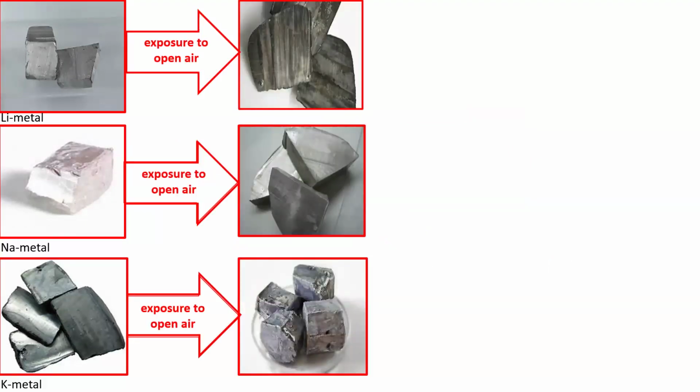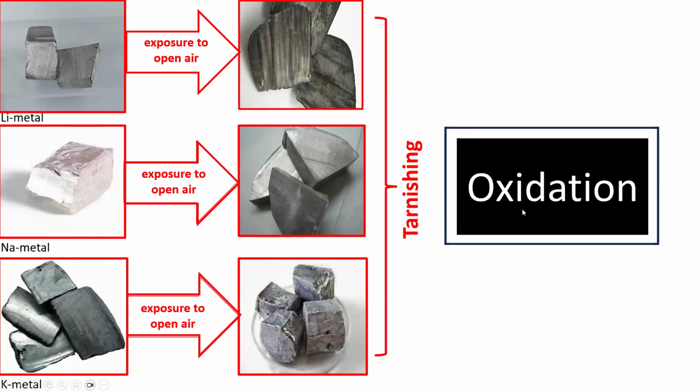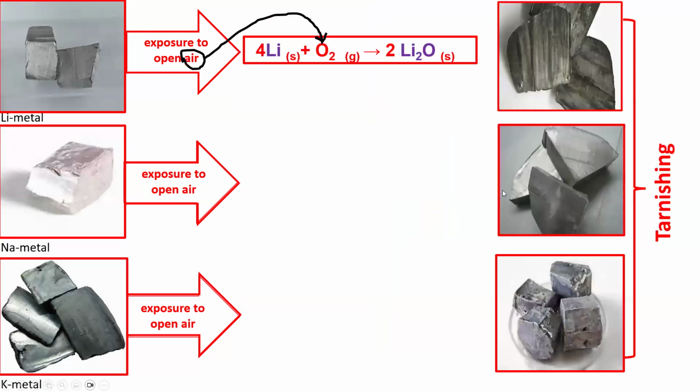So here you can see the natural texture of sodium metal, and when it is exposed to air or left in the open air for some time, this metallic luster is lost and the surface of the metal is a little bit darkened. And this is not only the common behavior of sodium metal, other alkali metals can show this behavior as well, and this behavior is called tarnishing, or you can call it oxidation, because here oxygen is reacting but it is not necessary that heat is produced, so we can't call it combustion, so it is oxidation.